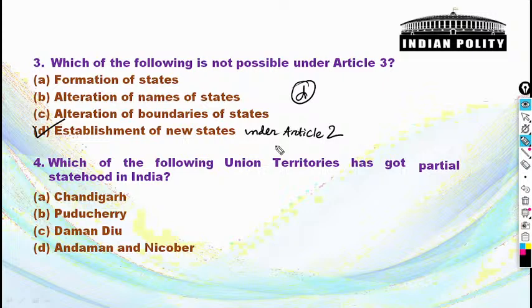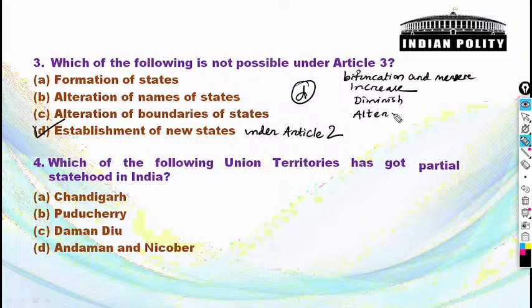Article 3 deals with five factors: bifurcation of existing states and merger of different parts of different states, increase in the area of states, diminishing the area of states, alteration in the names of states, and alteration in boundaries.